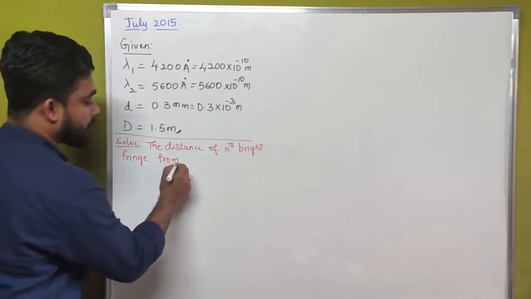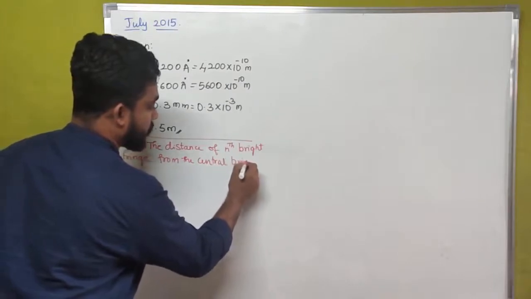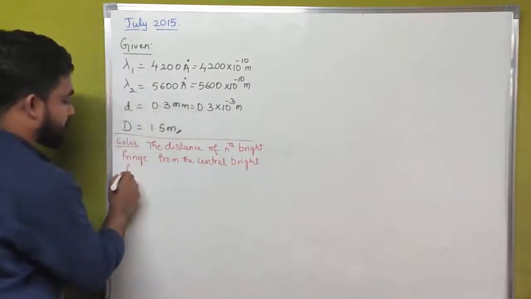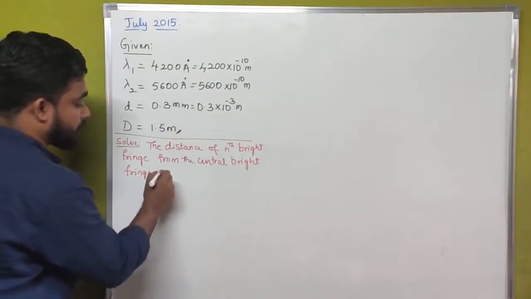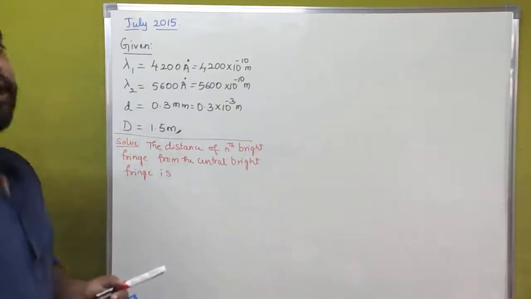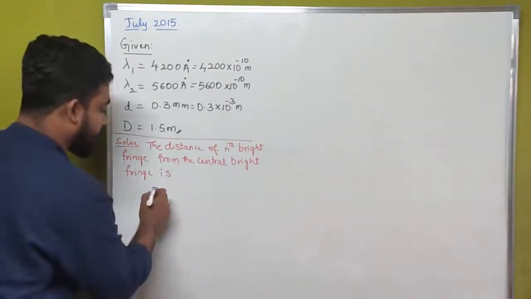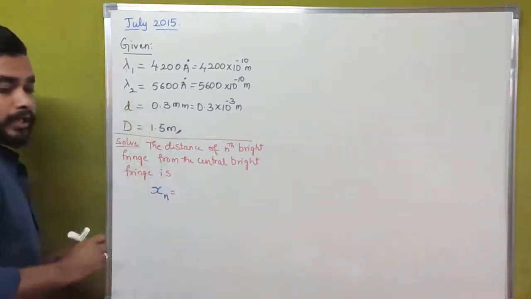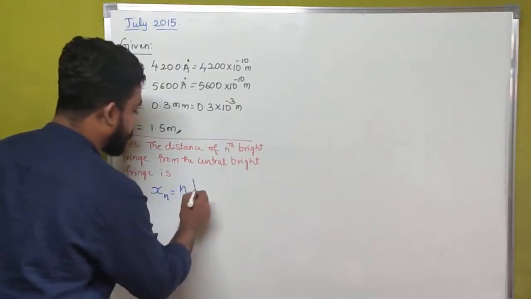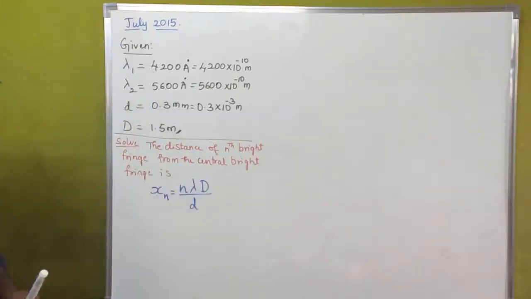What is the expression for the nth bright fringe? That is xn is equal to n into lambda capital D divided by small d. This is the expression for the nth bright fringe from the central fringe of an interference pattern.